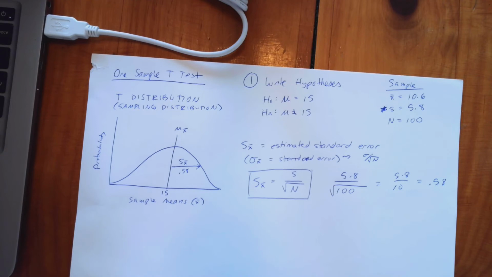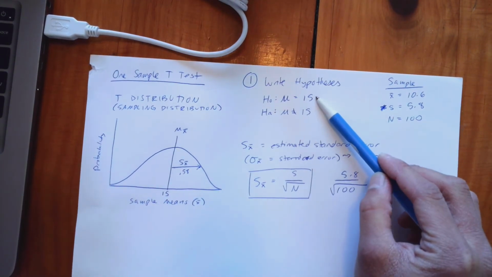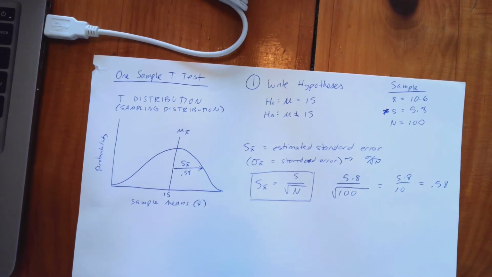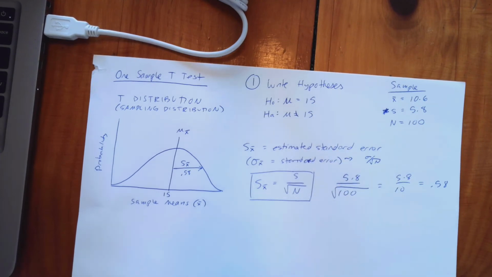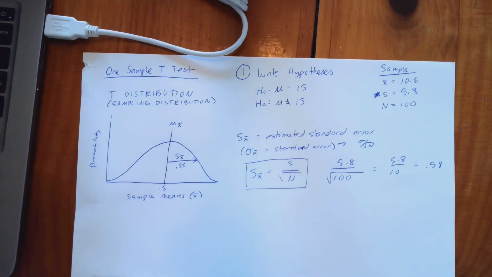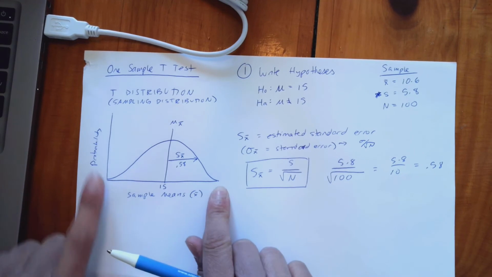And you can read this like any other bell-shaped distribution, where sample means that are close to 15 would be more likely to get if our true population mean is 15, and sample means far away from 15 would be less likely to get if our true population mean is 15. So in other words, if our null hypothesis is true, it's likely that our sample mean would be near 15, and it's unlikely that our sample mean would be much higher or much lower.